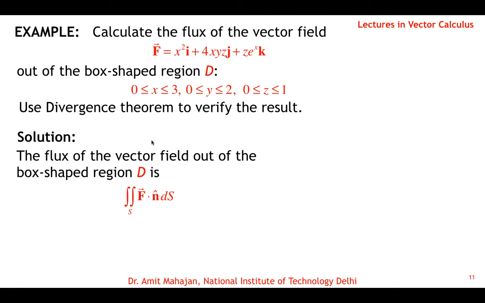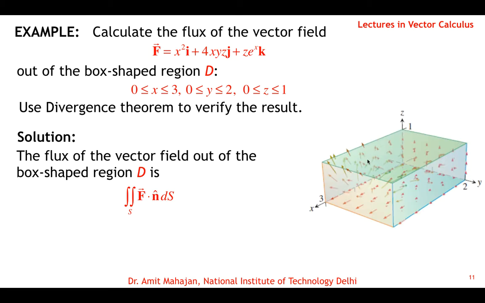So the flux of the vector field out of the box shaped region will be given by the double integral of F dot n dS, where S is the surface of the box, and for a box we know that there are 6 surfaces. If you are given this box with the x side of length 3, the y side of length 2, and the z height of 1 unit, then this box has a total of six surfaces. If I rename each surface as S1, S2, S3 up to S6, then the total flux, which is F dot n dS over S, will be the sum of the flux over the 6 surfaces.